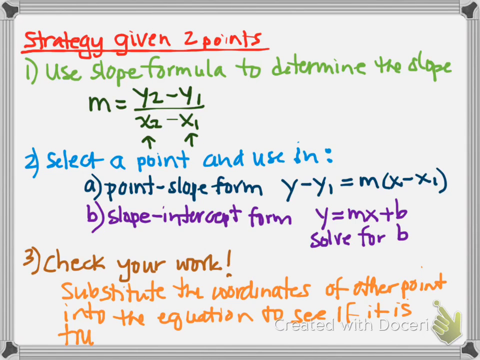Now remember what that means. Truth in an equation is what's on the left is equal to what's on the right. Okay? So that's really nice that we have a built-in check system. We don't have to randomly draw it and see if it actually works. We just plug the other point in that we hadn't used.